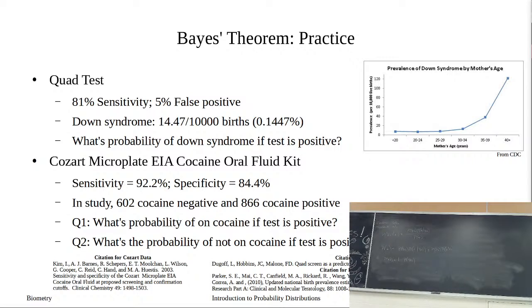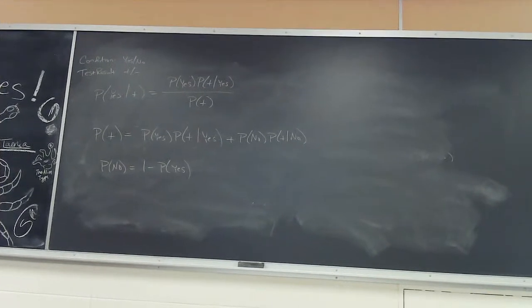It's an invasive test that could be recommended by the doctor, and what we want to go through is, if you test positive, what's the probability that the fetus actually has Down syndrome? So, head back to the board, and we'll work through this.